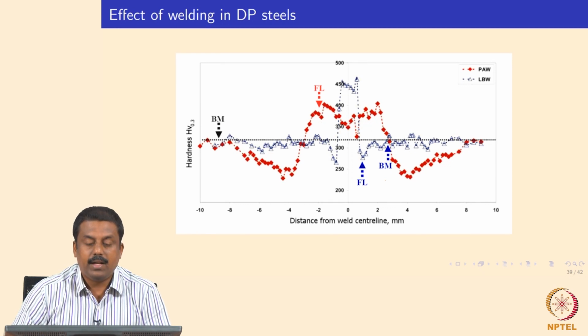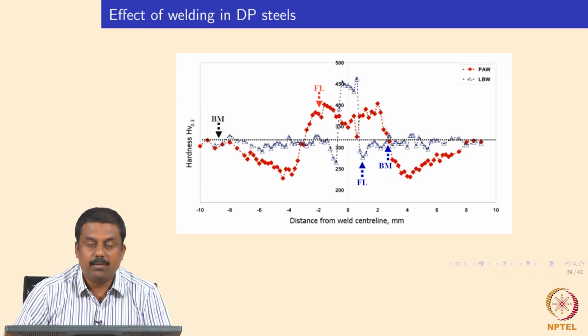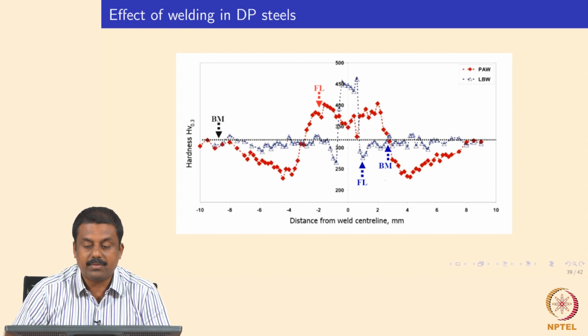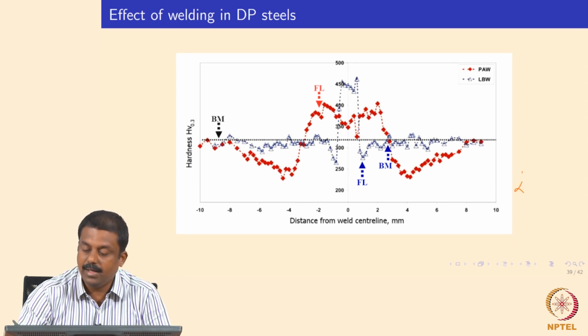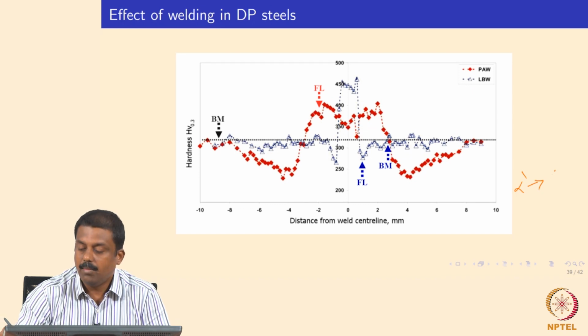And we can also look at the same effect in dual phase steel as well. In dual phase steel, instead of austenite, we have martensite in a ferrite matrix. Just as austenite decomposes to a ferrite and cementite mixture, the martensite in the microstructure would also temper. So the effect is also similar.